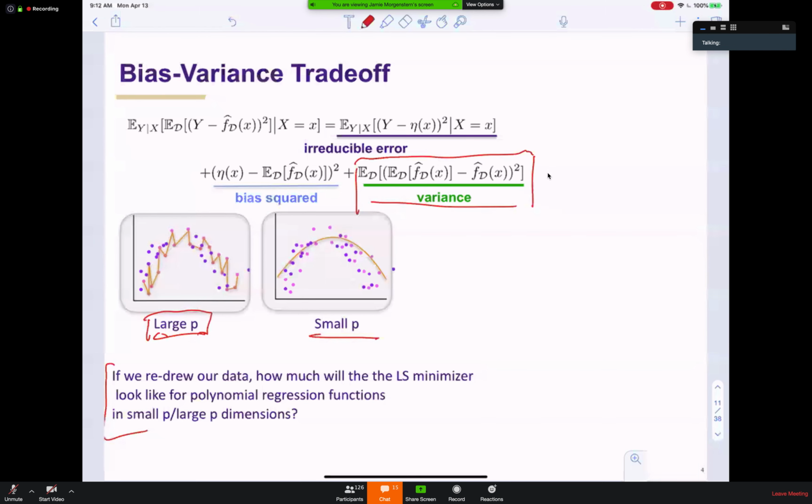Okay, good. Now I have another poll that I'm going to ask you to also answer. It's at the same link. In 1 second, I'm just going to activate it. Okay, now I'm asking about bias. The first question was whether large p or small p we would expect to have higher variance, and now I'm asking about bias.